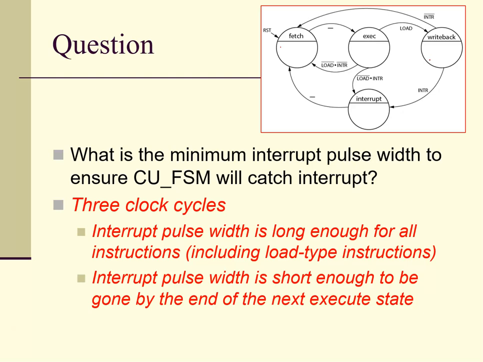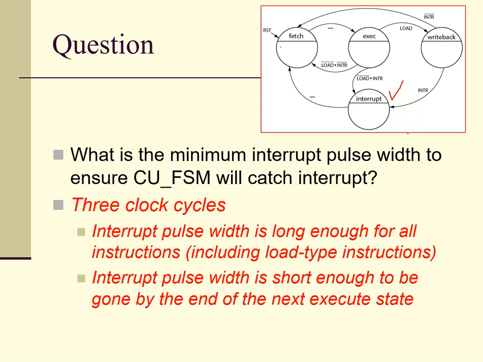If it was a little bit under 3 clock cycles long, I could still miss it. So to make sure I catch it, the width of this pulse needs to be 3 clock cycles. Once it's 3 clock cycles, it guarantees I'm going to come back into this interrupt if it's a load instruction.